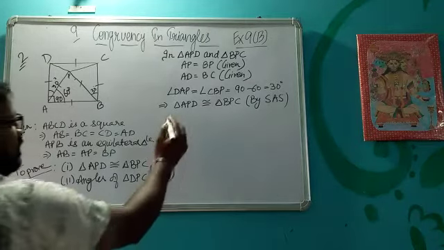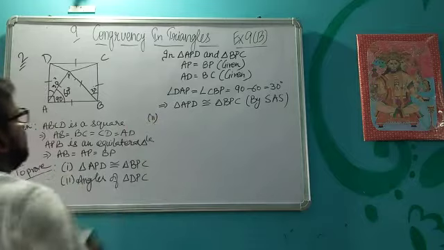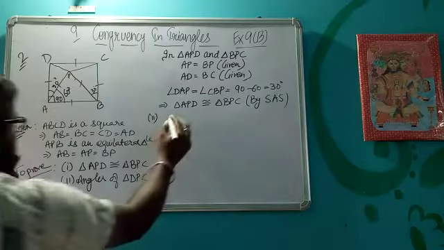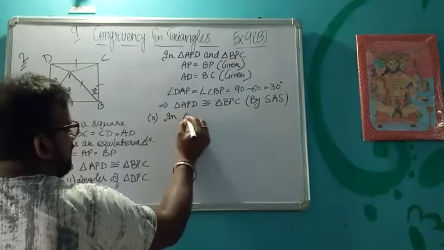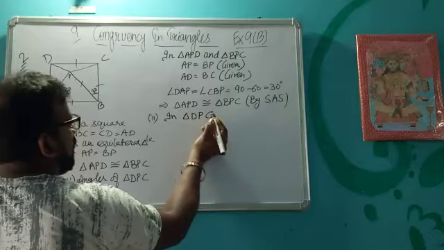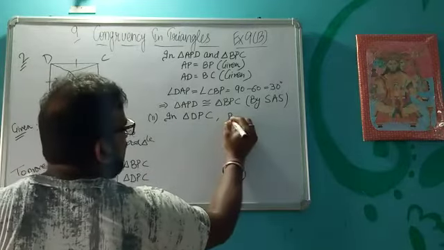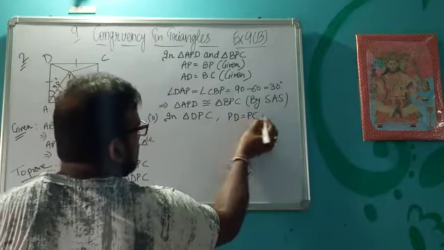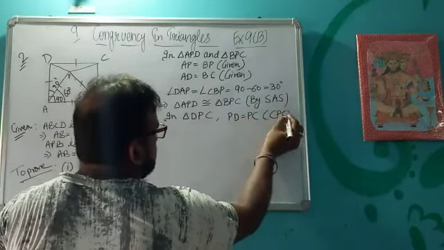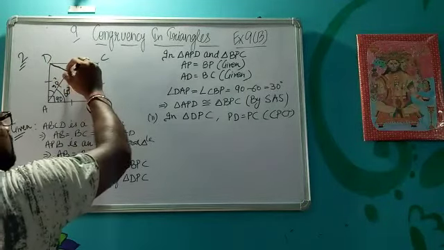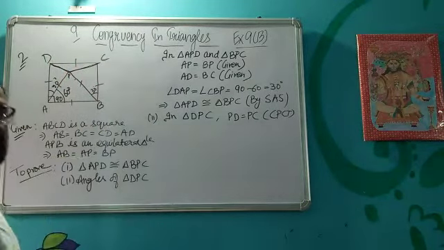Now for the second part, we need to calculate all the angles of DPC. So let's take triangle DPC. We know that PD equal to PC by CPCT. That means these sides are equal to each other.